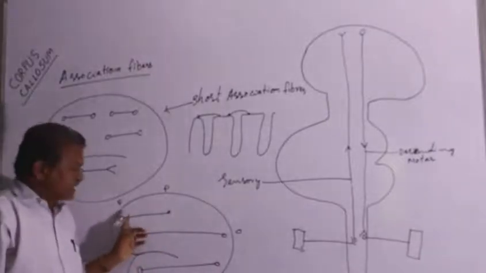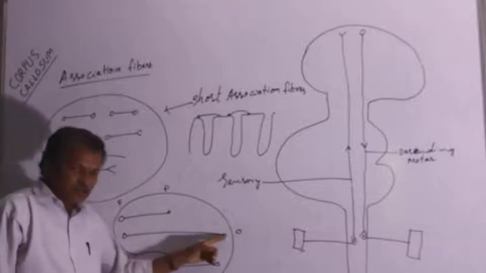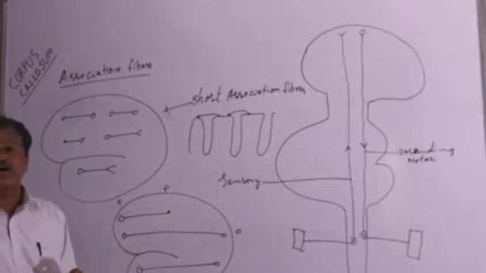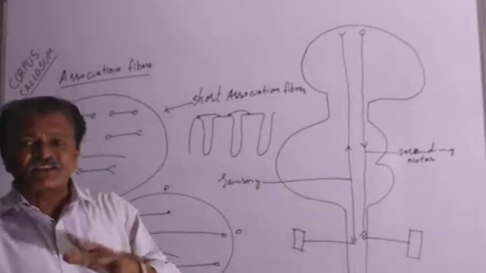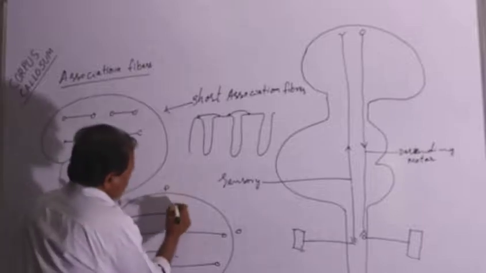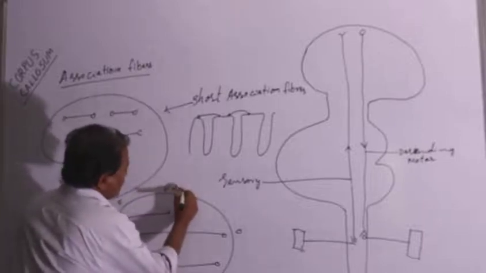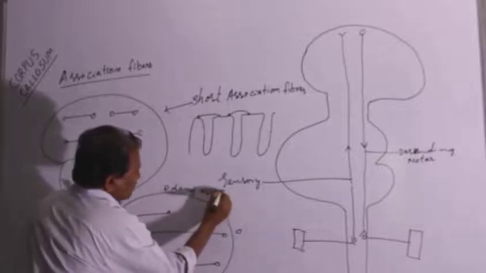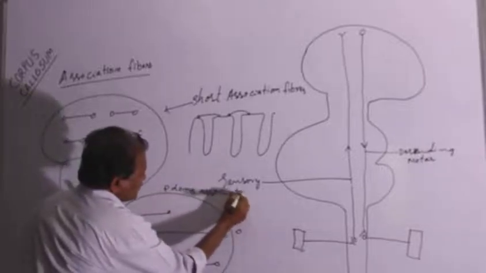The frontal lobe connects to the parietal, the frontal lobe is connected with the occipital, and the occipital lobe is connected with the temporal lobe. Such fibers are called long association fibers.